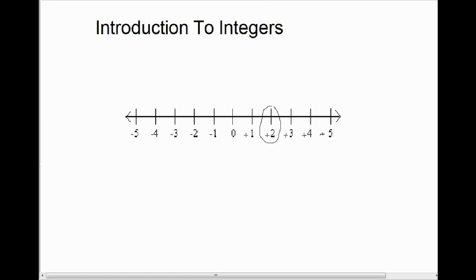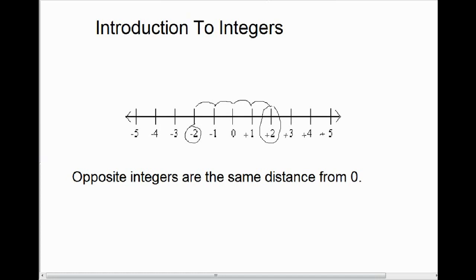So if we look at +2, it's 2 spaces from 0. Well, the only other integer that's also 2 spaces from 0 is -2. So we would say that +2 and -2 are opposites because opposite integers are the same distance from 0.